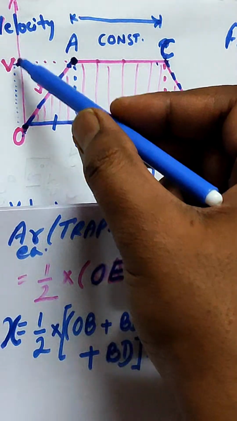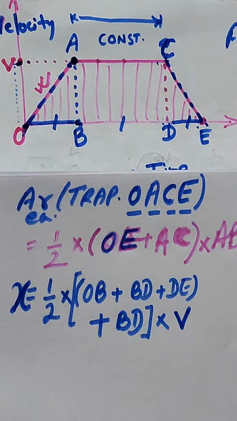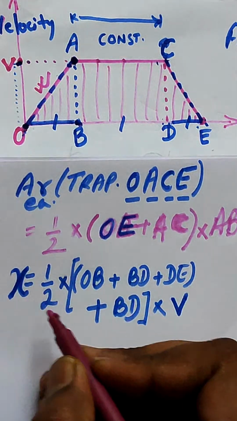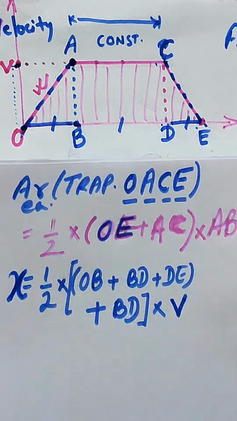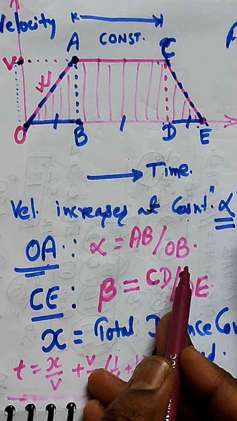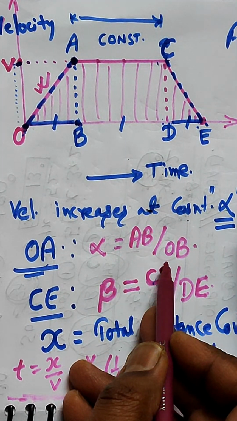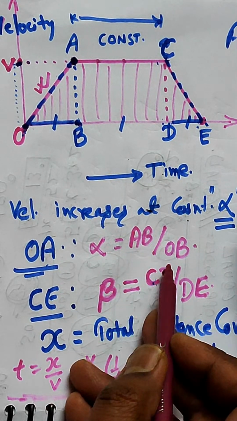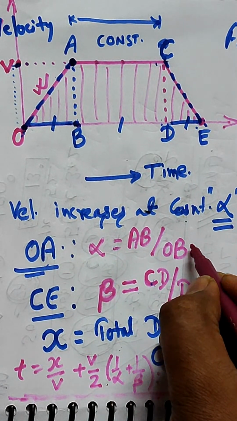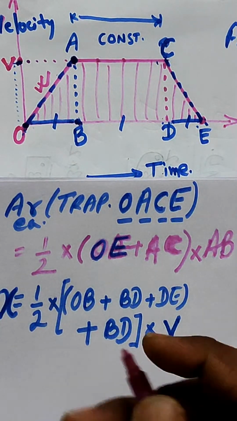You can see, right? Now we will put up the values over here. So the value of OB we have already calculated. Alpha is AB by OB. So OB can be written as AB by alpha, isn't it? So OB is given as AB by alpha.